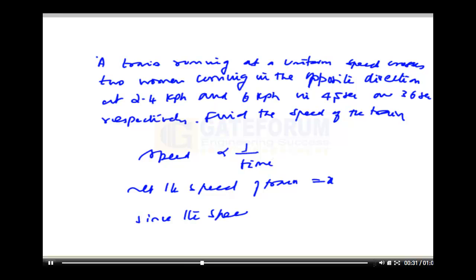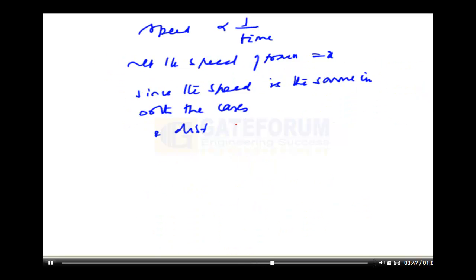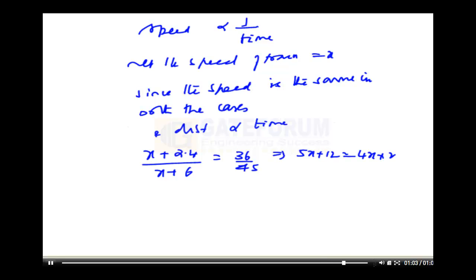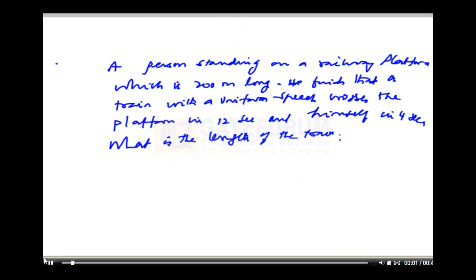Since the speed of the train is the same in both the cases, and distance is proportional to time, so we get x plus 2.4 by x plus 6 is the time ratio. Solving, we get 5x plus 12 equals 4x plus 24, or x, speed of the train is 12 kilometers per hour.